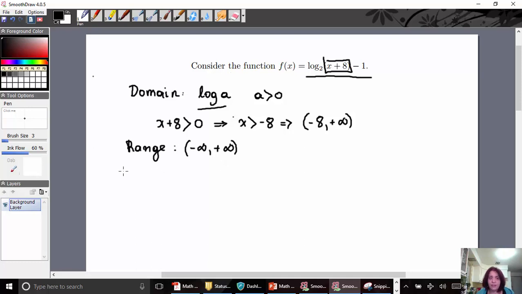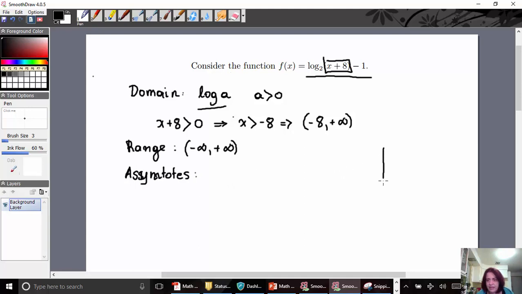The next step is to find the asymptotes. Let's look at the asymptotes. The logarithmic functions have only vertical asymptotes. We need to remember that, and of course this is expected because the exponential functions have only horizontal asymptotes.